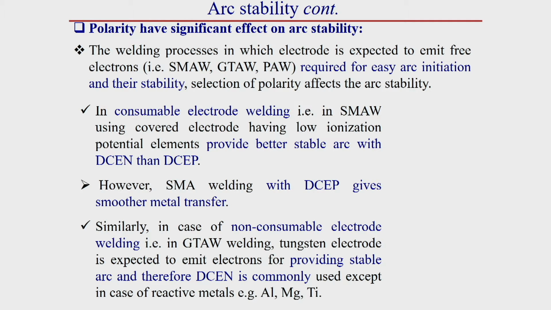For this requirement, selection of polarity is highly essential. That means proper selection of polarity is required. Selection of polarity affects the arc stability a lot, especially in these welding processes where the electrode is expected to emit free electrons.